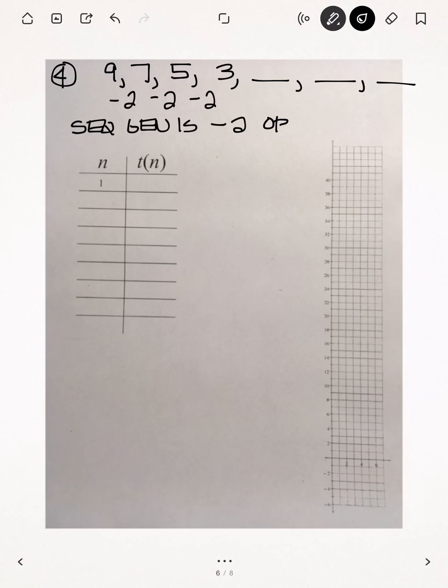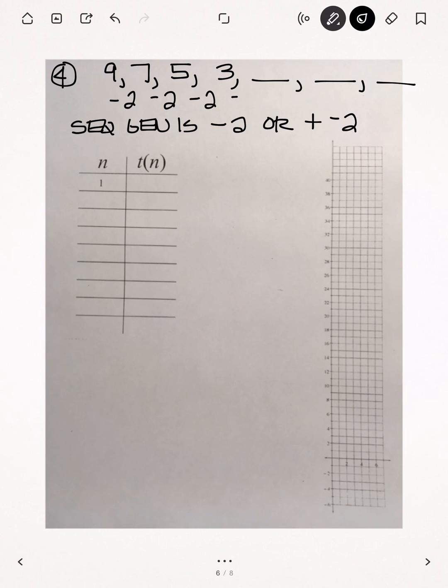Or, what is another way I can say I'm subtracting 2? Well, isn't subtracting 2 the same thing as adding a negative 2? So I am adding the same number every time. And so if I'm adding the same number every time, and it happens to be a negative number, what kind of sequence do I have? Well, we'll see in just a second.